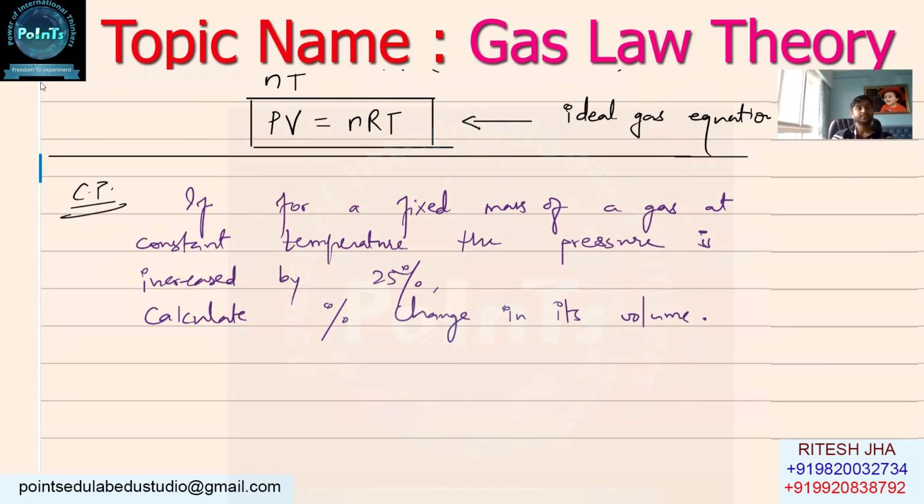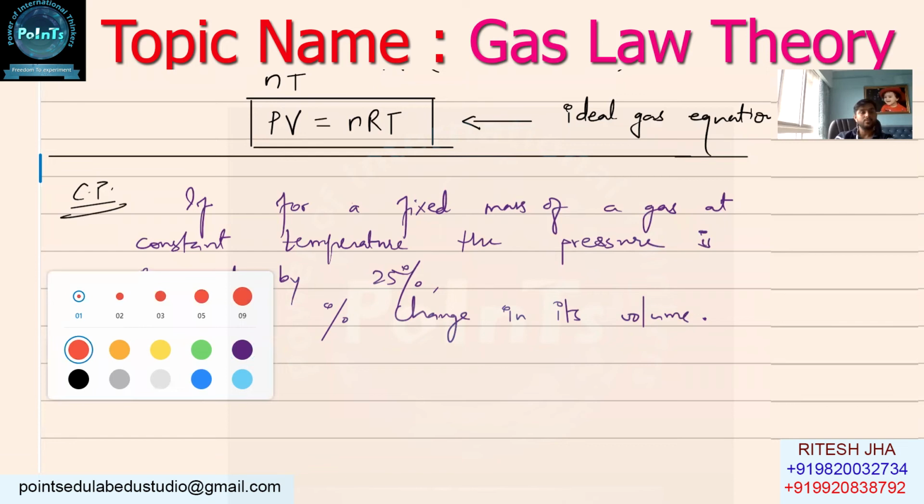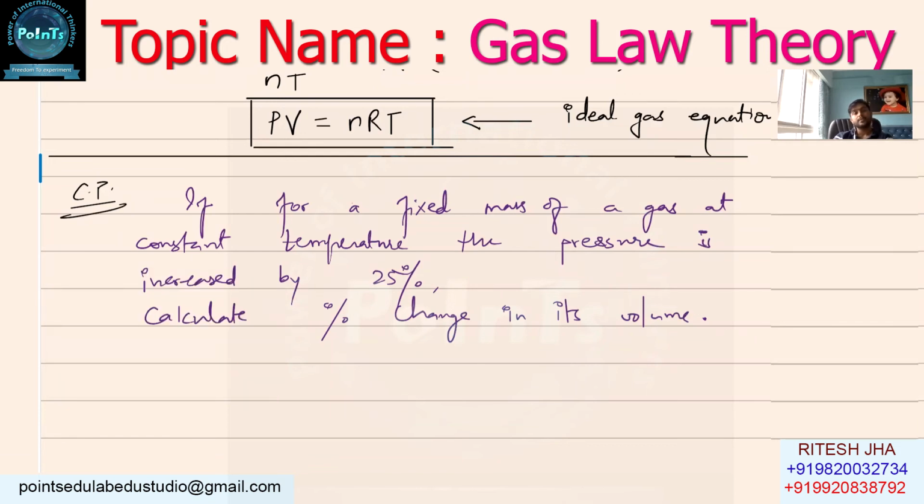So guys, what you're given is that for a fixed mass of a gas, means number of moles is constant, and constant temperature. In these two constant conditions, the only formula that we have is Boyle's law: P1 V1 equals P2 V2.